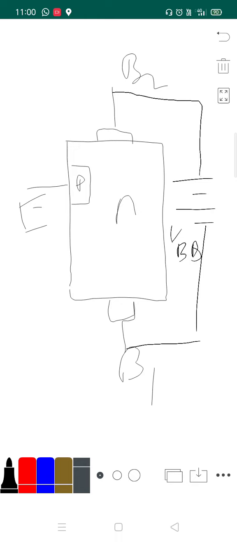The positive terminal is connected to base B2 and the negative terminal is connected to base B1. We haven't connected any voltage source to the emitter, so the potential at the emitter will be 0 volts. With respect to B2, this uni junction transistor is in the reverse bias condition.